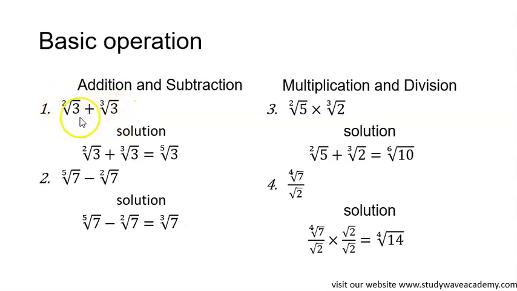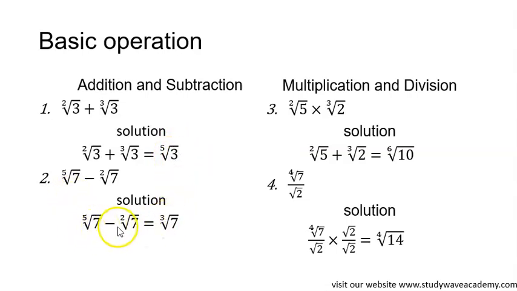You collect like terms. 2 plus 3 is going to give you 5. So we have 5 root 3 as our answer. Do you understand that? You can see our answer is in irrational form, right?